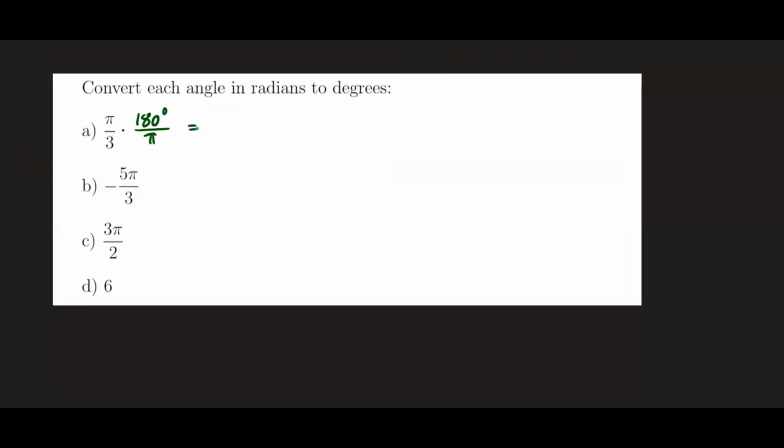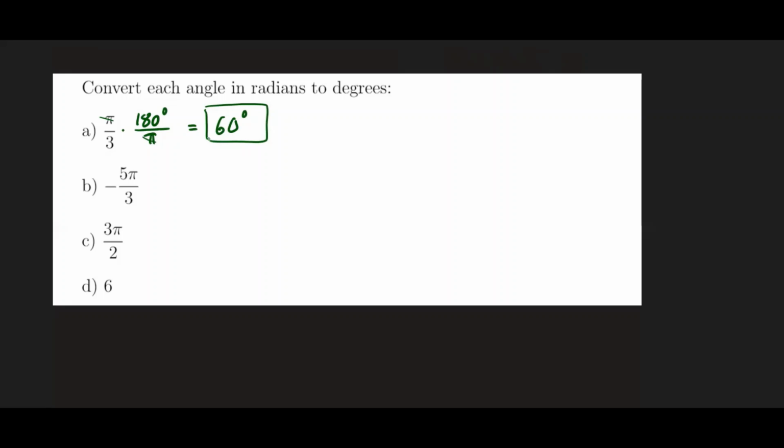So if I do pi over 3 and multiply that with 180 over pi, and I simplify the numbers, we can see that the pi's will cancel out, and then 180 over 3 will simply be 60 degrees. So pi over 3 is equivalent to 60 degrees.